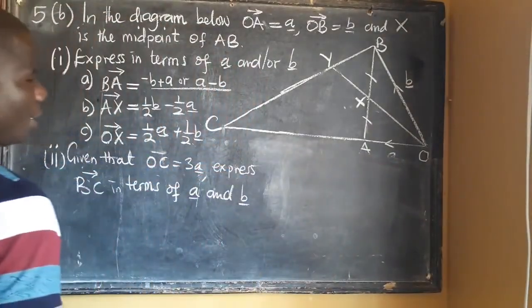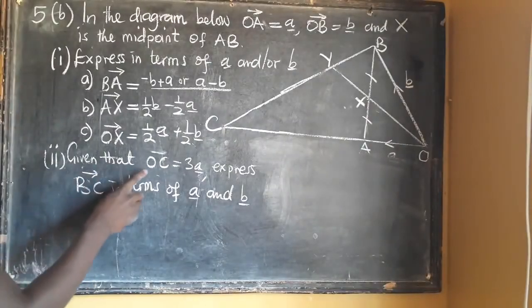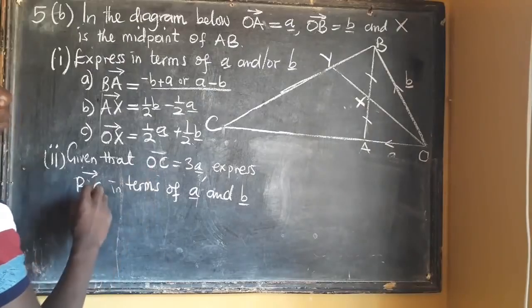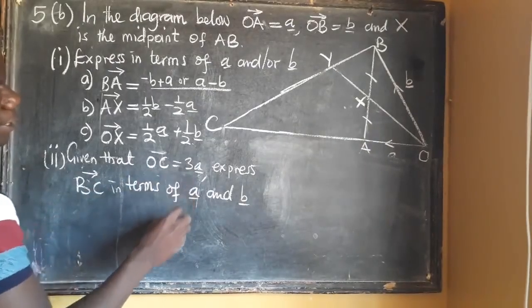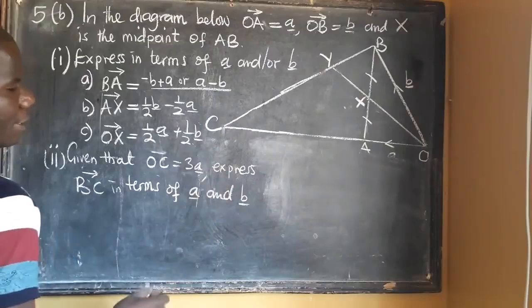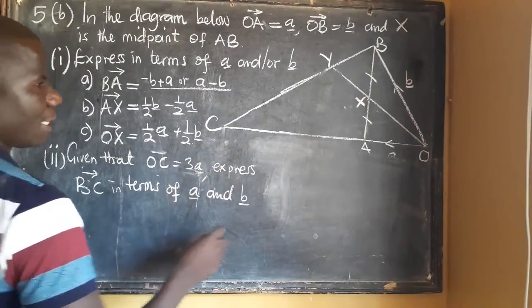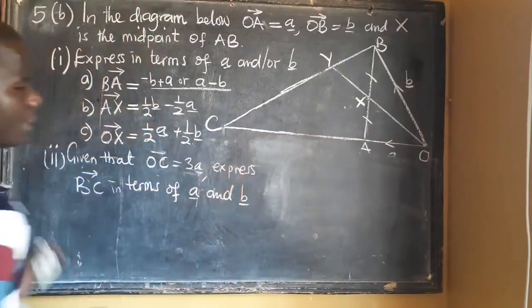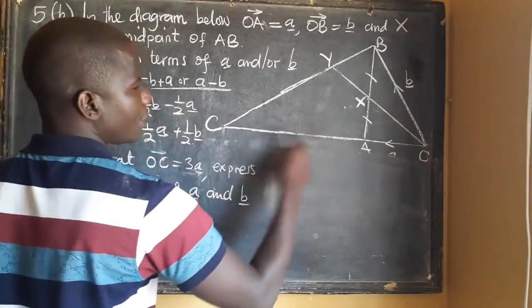Then, given that OC is equal to 3A, meaning from O up to C it's 3A.